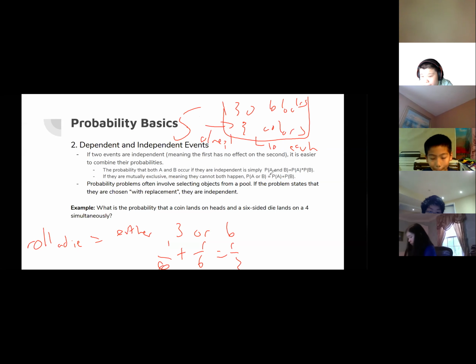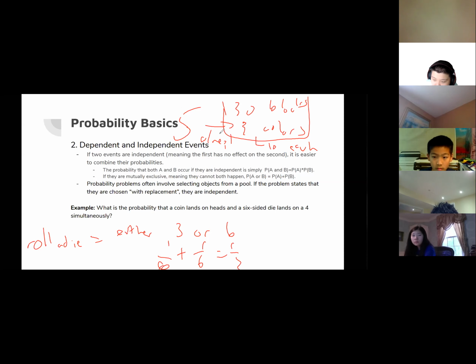Alternatively, if it's without replacement, what that means is that it just gets removed from the pool. So if I take a red block, then the probability of getting another red goes down because now there's one less.